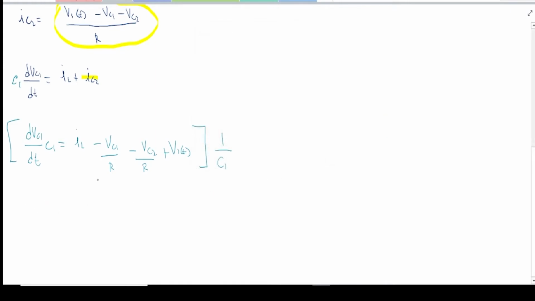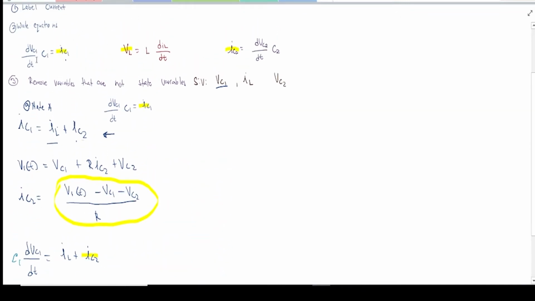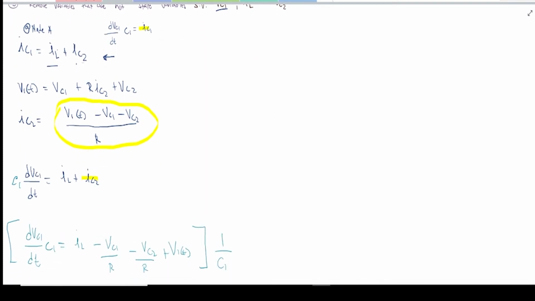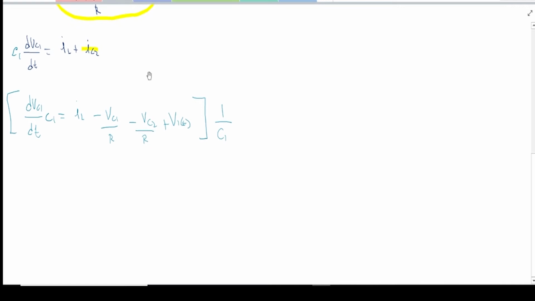Also, we're going to arrange it starting from equation 1, which has the state variable VC1, followed by IL and then followed by VC2, so that it will become easier for us at the end of the equation.